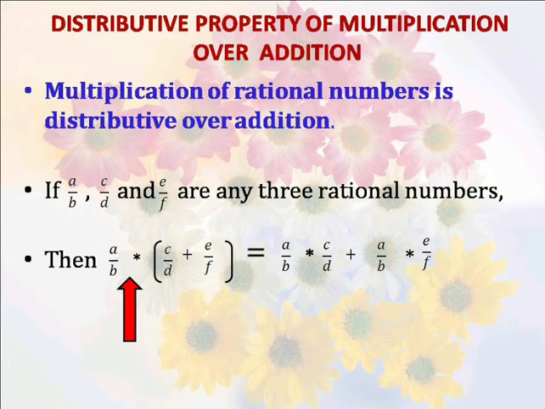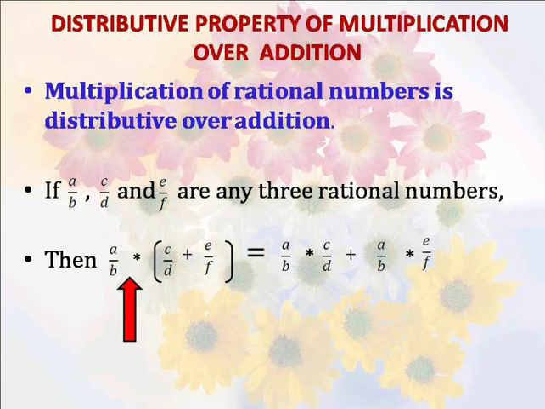This property says that for 3 rational numbers, the value which is outside the bracket will be multiplied to both the values which are inside. Let's see the red arrow. Here a by b is outside the bracket and c by d and e by f are inside the bracket.